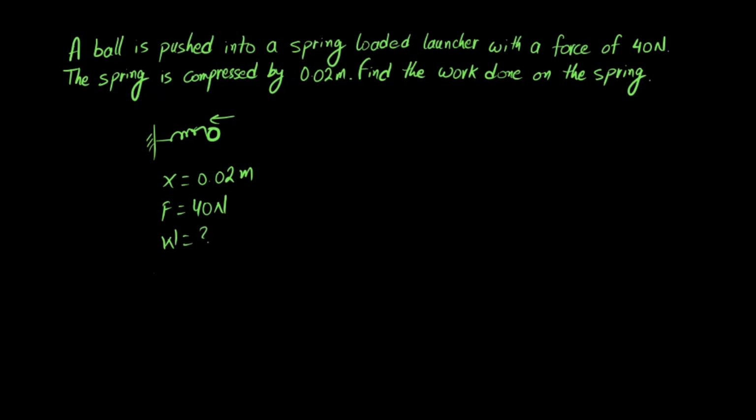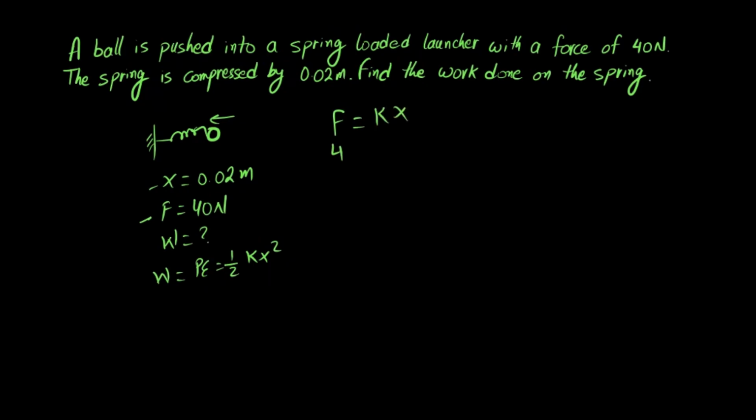We know the formula of work, it's the potential energy, which is half kx square. We know x, it's 0.02, but we don't know k. So let's find k first. We have F and we have x. We know the relation F is k times x.